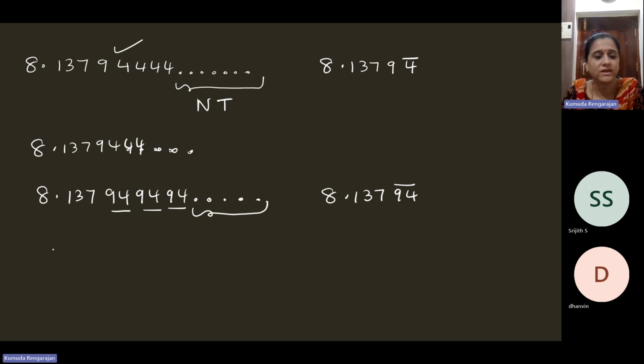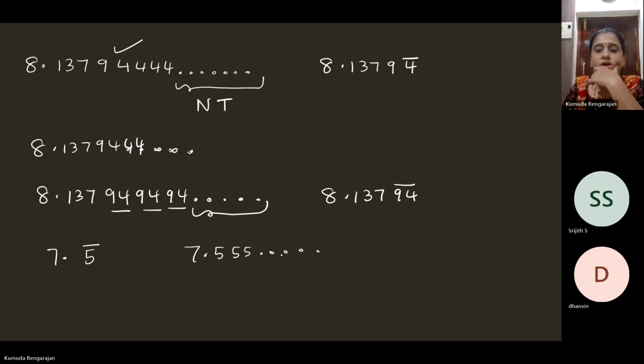It can be even one digit, like 7.5 recurring, which means 7.555 goes on forever. One digit or a set of 2, 3, 4 digits can go on forever. So these are non-terminating repeating decimals.